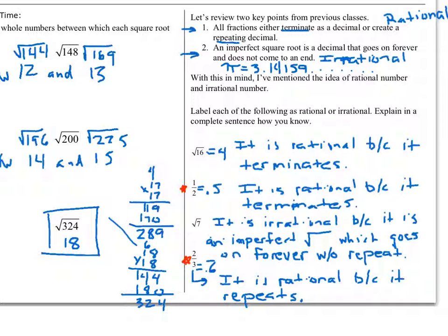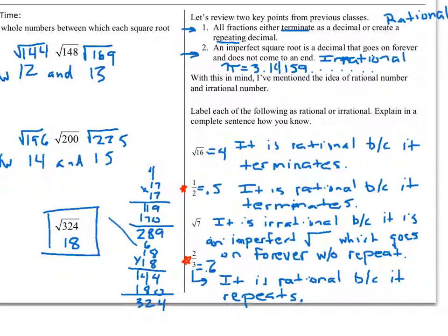Isaiah. All fractions are either terminating or repeating. So you could have used as your argument here, instead of saying it's rational because it terminates, you could have said it's rational because all fractions terminate or repeat. You wouldn't even have to do the division to change it to a decimal.